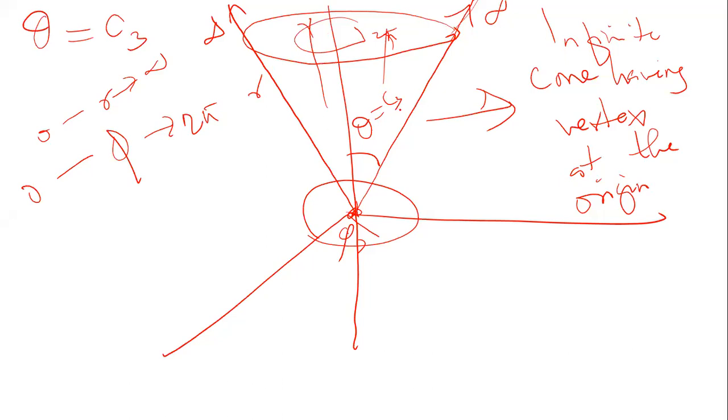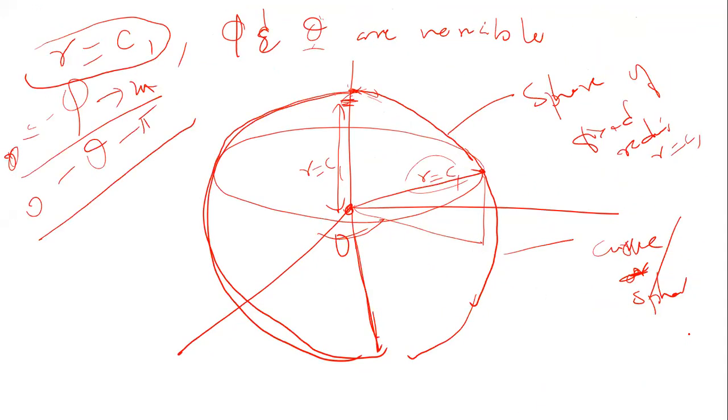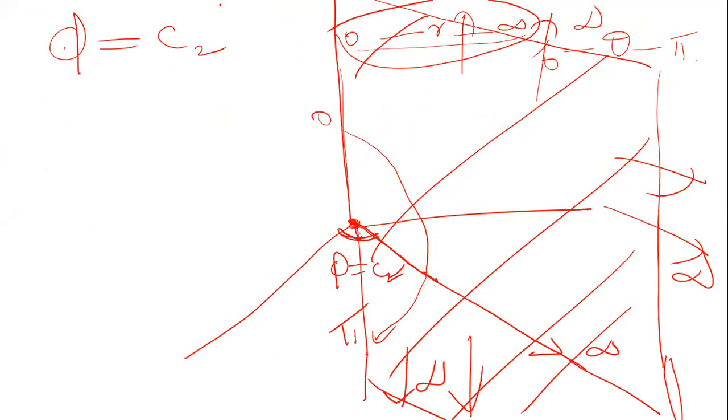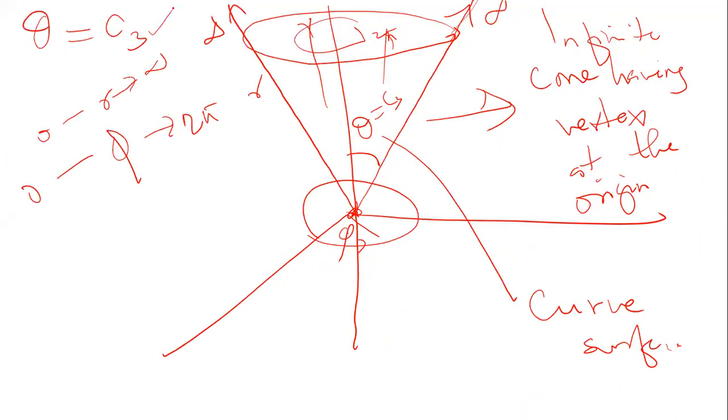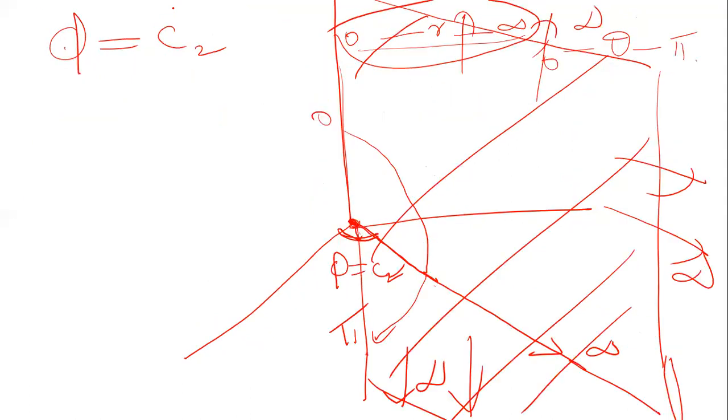This infinite cone is a curved surface again, right? So in this spherical coordinate system, you have two curved surfaces corresponding to r equal to c1 and theta equal to c3. Therefore, this can be categorized as a curvilinear coordinate system.